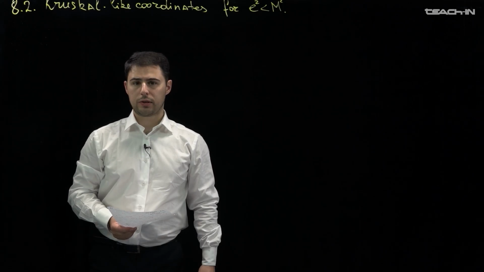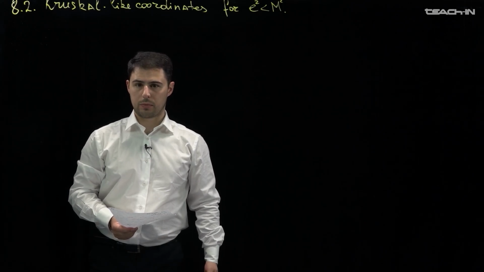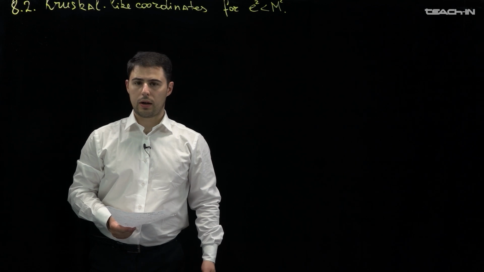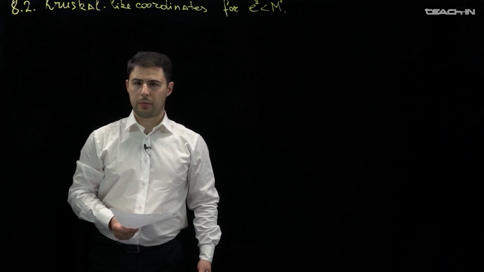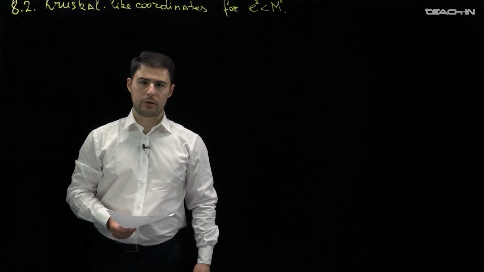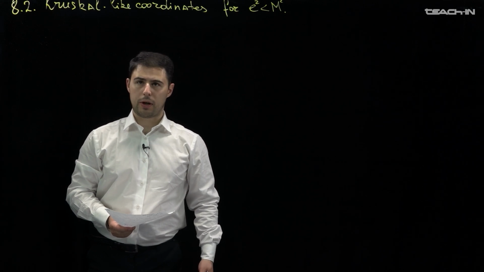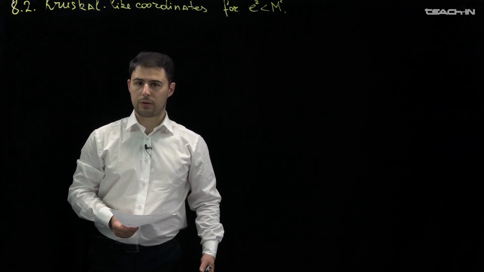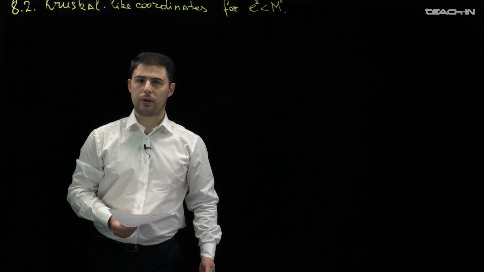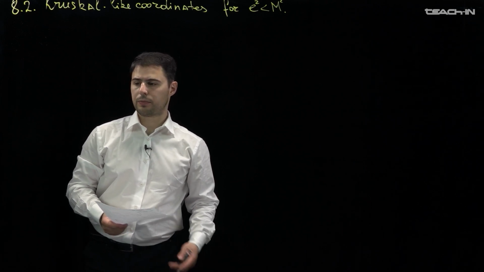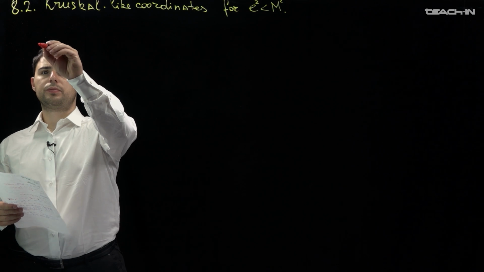So let's discuss the case of a non-extremal black hole first. Our goal would be to draw the Penrose diagram, and we start by introducing the Eddington-Finkelstein coordinates and then the Kruskal-like chart.